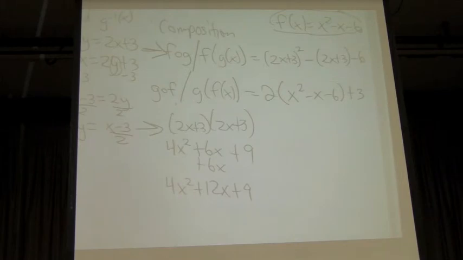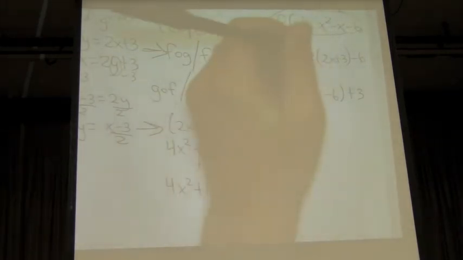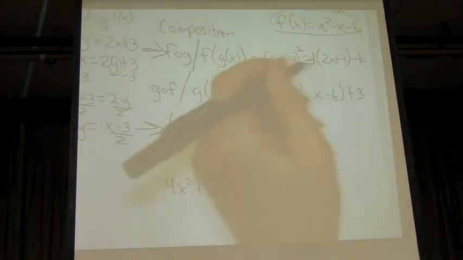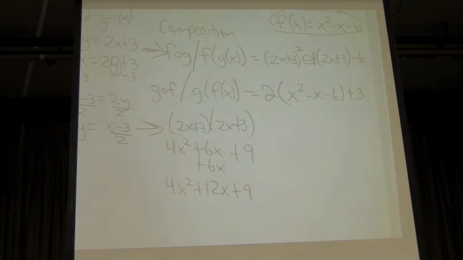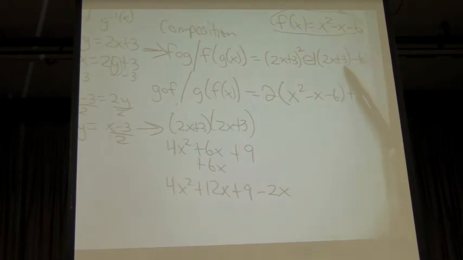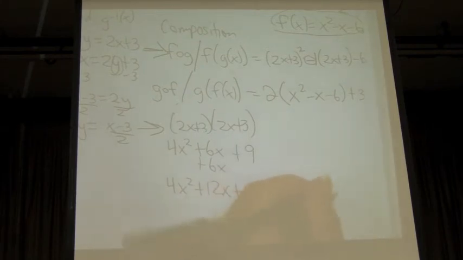Everybody with me? Now, see this negative? That's your second favorite mistake. When you see this negative, you've got to distribute it to the 2x, so minus 2x, and then distribute it to the 3, so minus 3. And then minus 6.